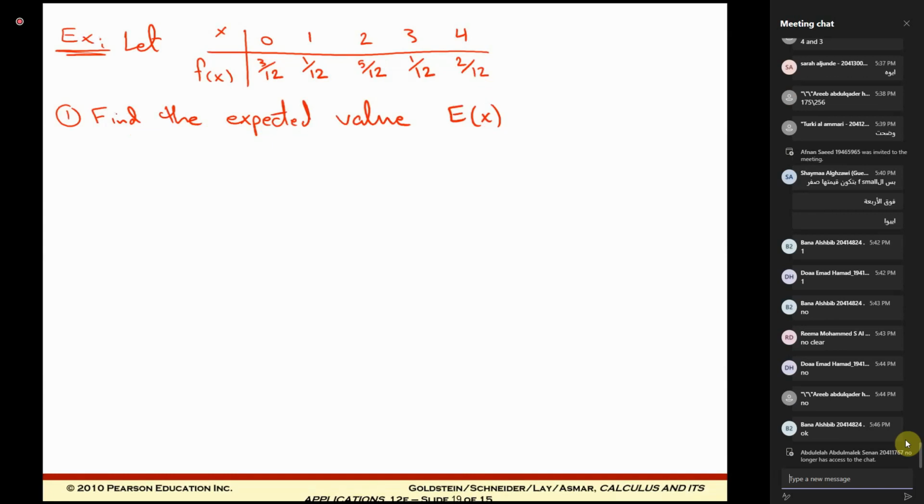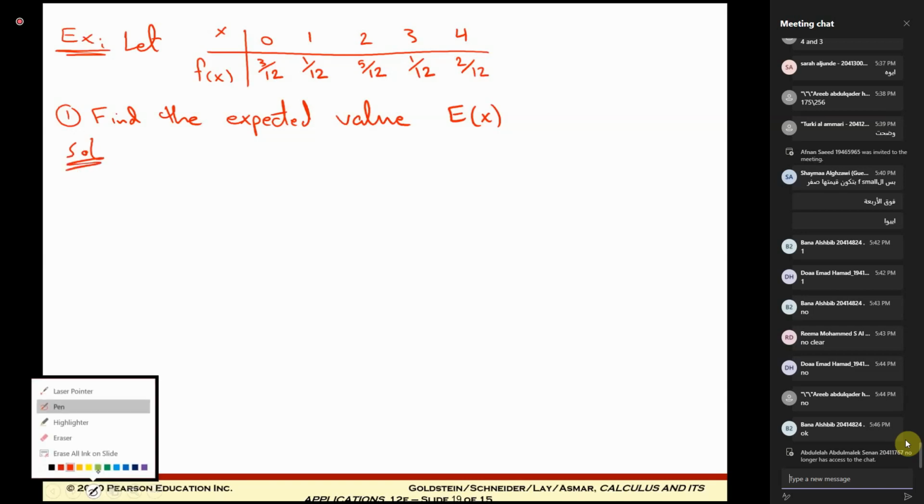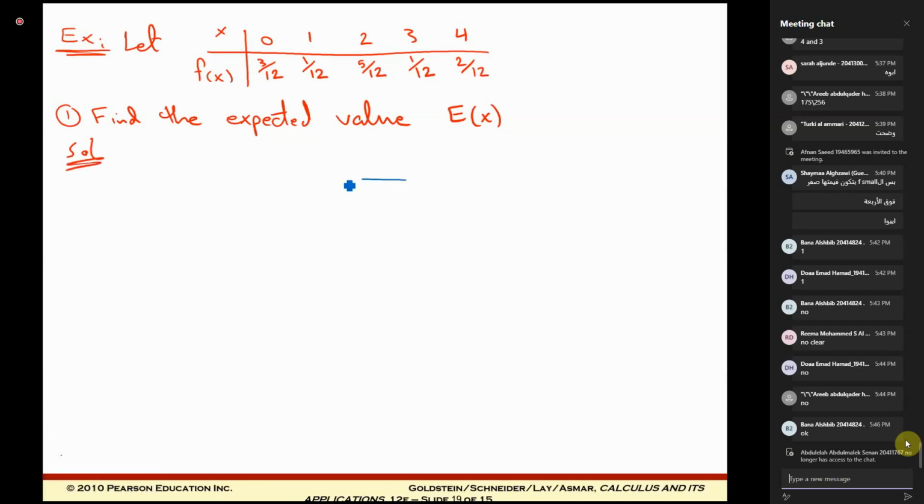The solution: x we have 0, 1, 2, 3 and 4, and f of x is 3 over 12, 1 over 12, 5 over 12, 1 over 12, 2 over 12.